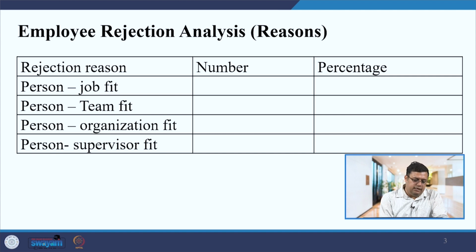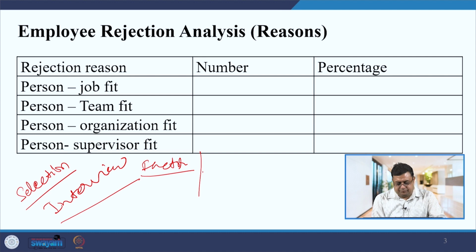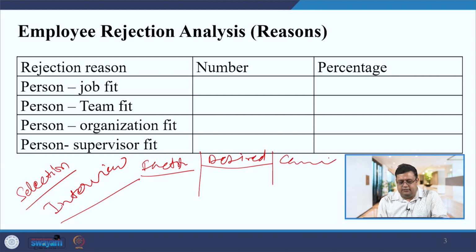So, if you see this selection sheet, or I can say the interview sheet, right, on one side you will see factors like criteria, then desired, what the organization needs in the candidate, and candidate characteristics, right.